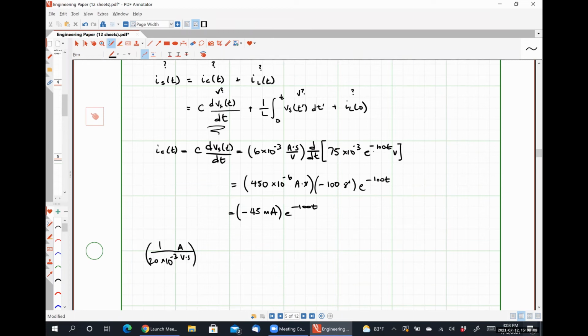So that's 1 over L. We're going to integrate from 0 seconds to t, and we are integrating 75 times 10 to the minus 3 volts, e to the minus 100 t prime dt prime.